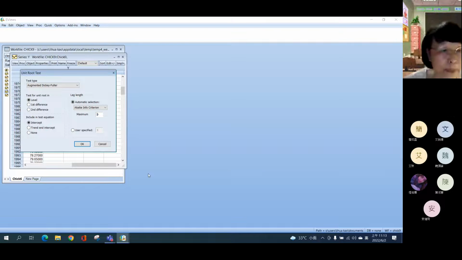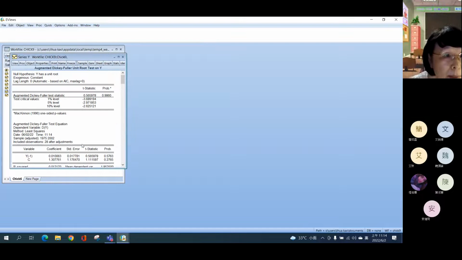I'd like to ask: the observations used in this test, with the lag and without lag, is there any difference between the observations? Yes, there is. Look at this one. If I use 0, my 5% level critical value is negative 2.971853.